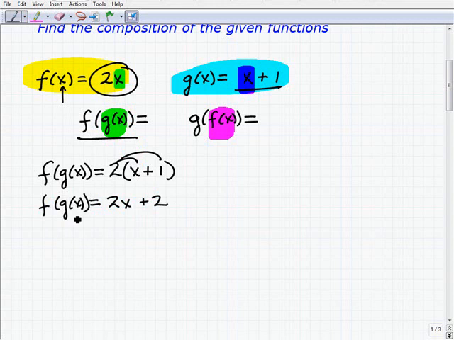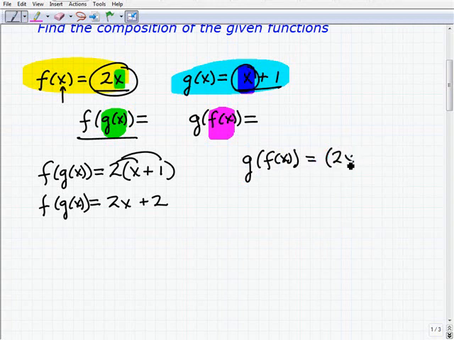Pretty straightforward stuff. Let's do g of f of x now. We're going to plug the f of x function into the g function. So g of f of x, let's set it up. The f of x function is 2x. I'm going to plug it in right here into the g function.